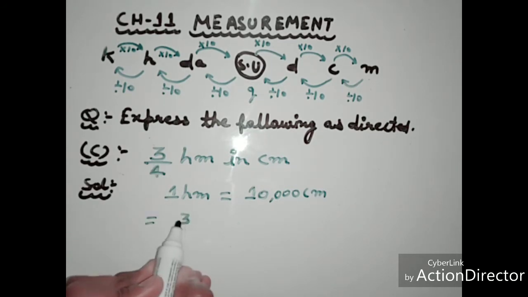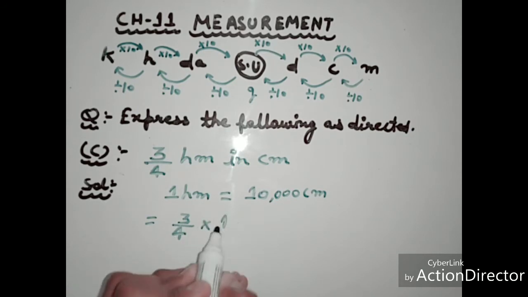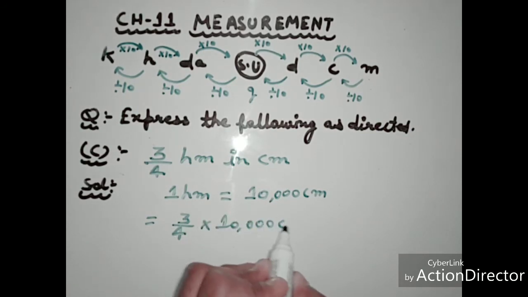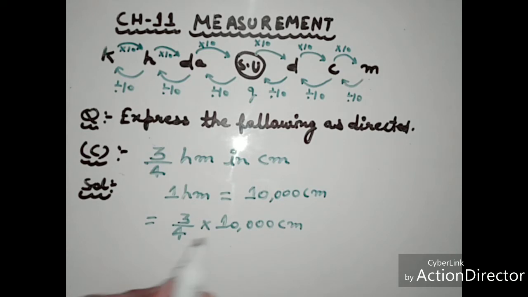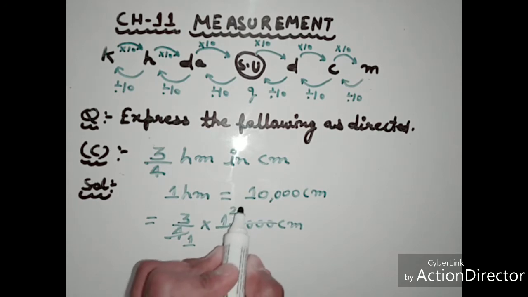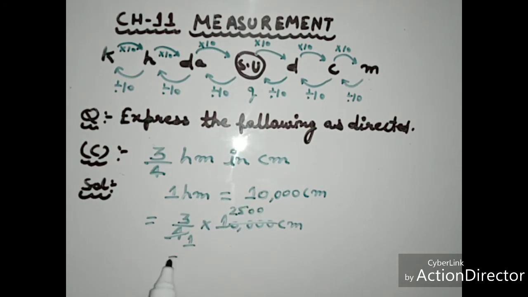Now we multiply 3 upon 4 hectometer by 10,000 centimeter. Here 10,000 is divisible by 4, so 4 ones are 4, 4 twos are 8 and 4 fives are 20. 3 multiplied by 2500 centimeter. Now here we use the short method of multiplication.